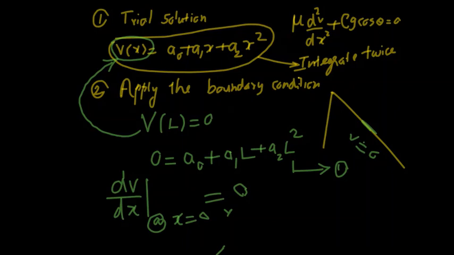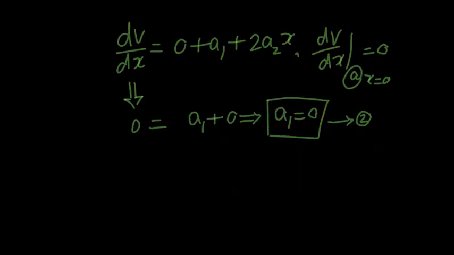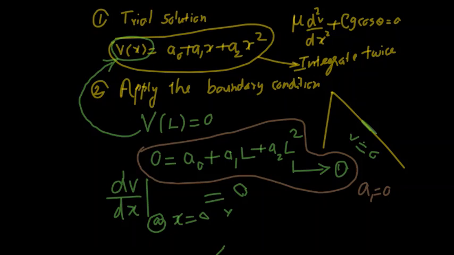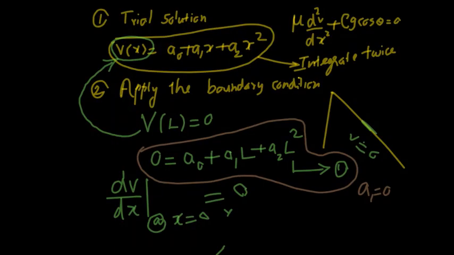I'm going to substitute the value of a1 as 0 in this first equation, because that's what we got by applying the second boundary condition. So what is the value of a0? If you take this term and throw it on the left hand side, you are going to get a0 is equal to minus a2L squared.